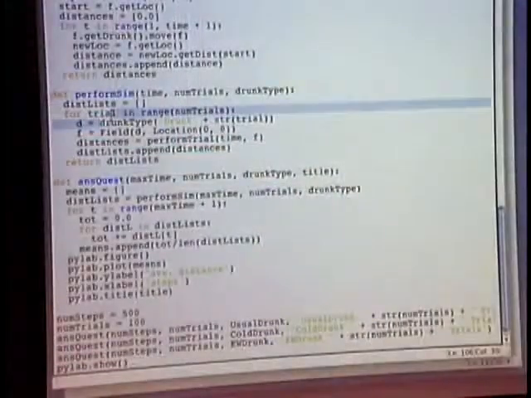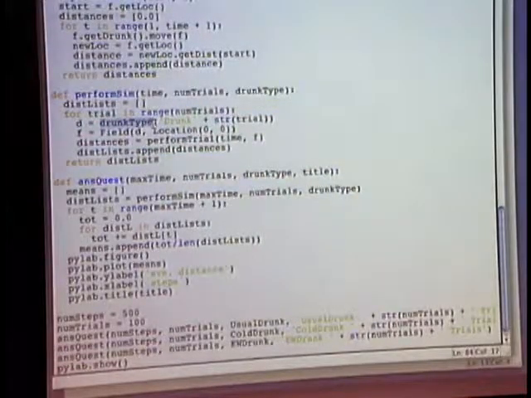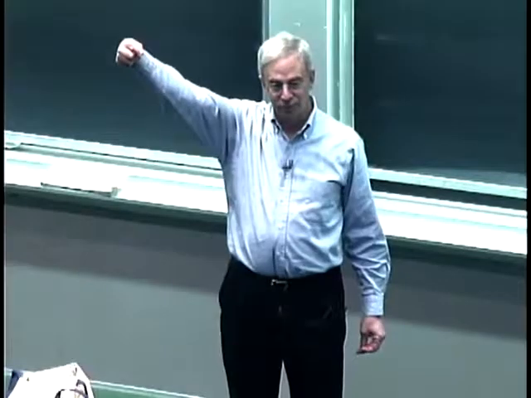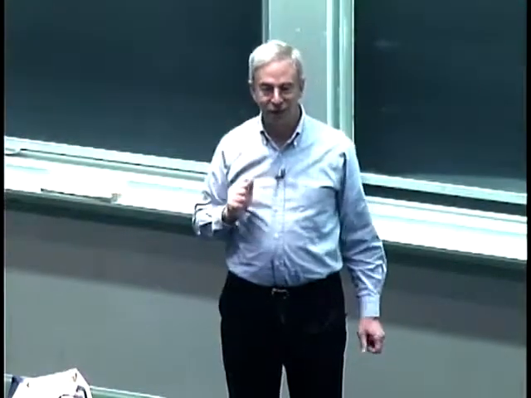So when I get up to here, think about it, it will take, depending on the variable drunk type, evaluate it. It will evaluate to a type, usual drunk, say, in the first call. And then it will, just as if I had written usual drunk, invoke the init method of drunk and create a new drunk.